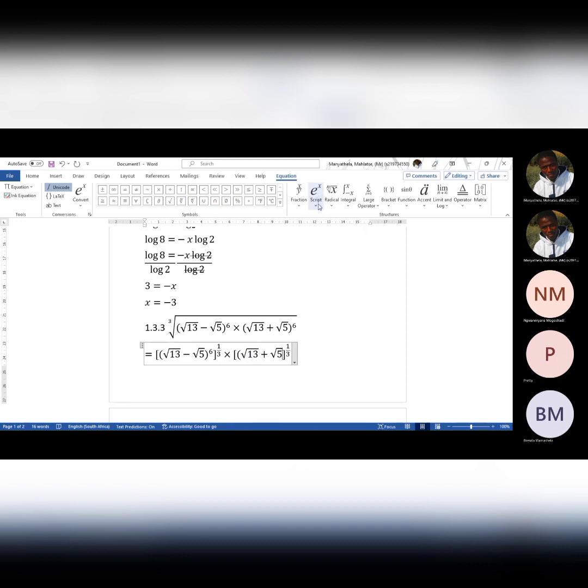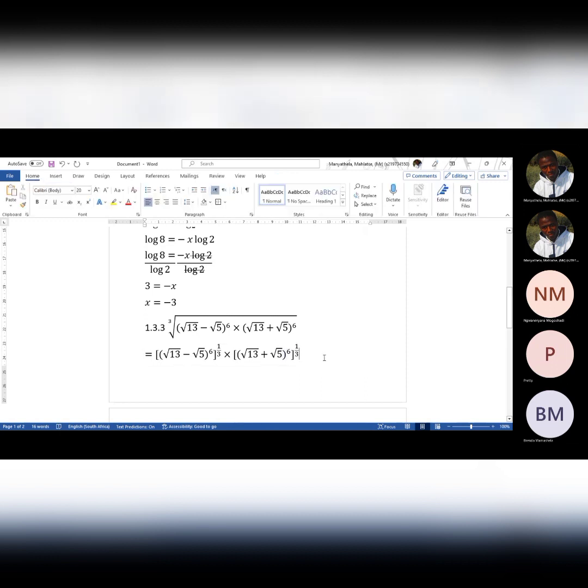It must remain the same. So this equation will be like this.